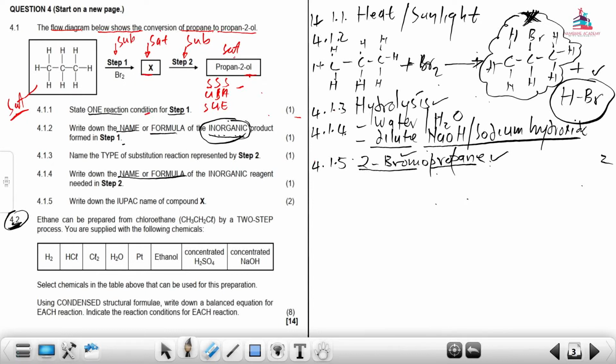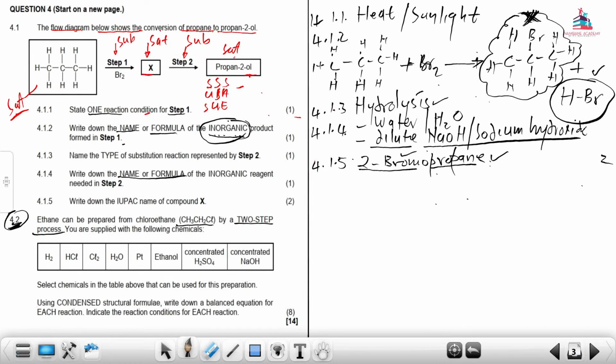The question says now, ethane can be prepared from chloroethane by a two-step process. You are supplied with the following chemicals. So you have the chemicals there.